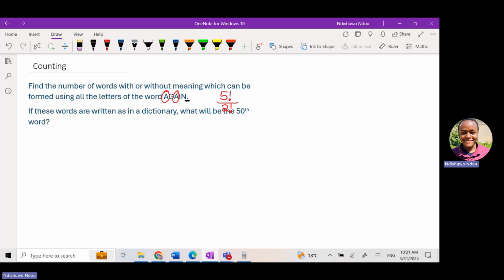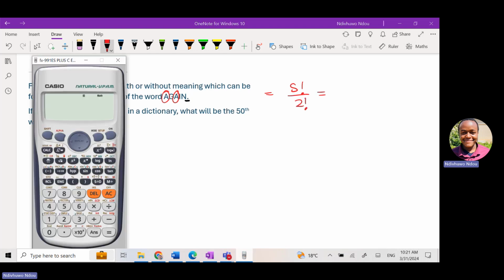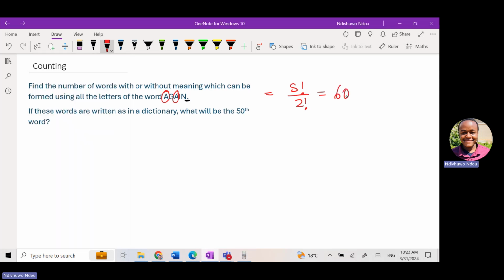So we divide by 2 factorial because A is repeating 2 times. So this will be 5 factorial divided by 2 factorial. You can just punch your calculator, 5 factorial divided by 2 factorial. So there are a total of 60 different words that can be formed, with or without meaning, using the letters of the word AGAIN. All right, let's go to the second one.